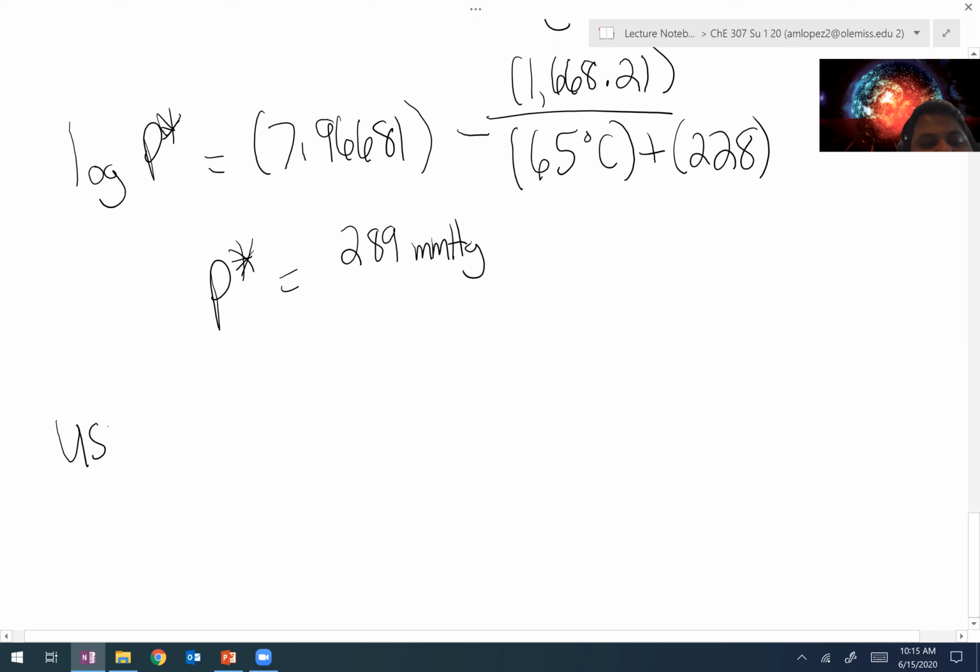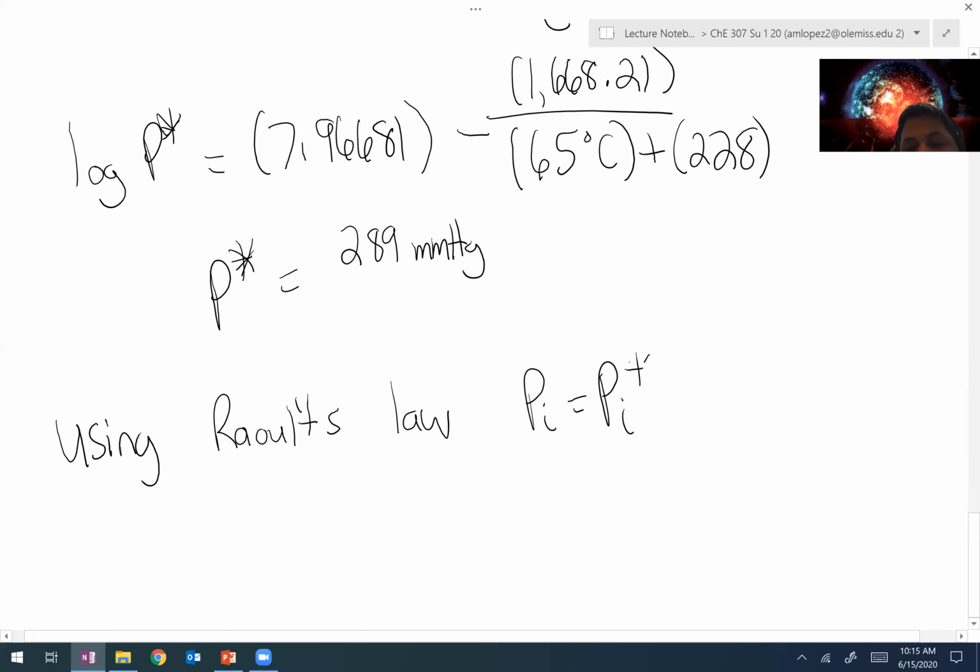And so using Raoult's law, we can say the partial pressure is equal to that vapor pressure. And here I'll put H2O to make it a little clearer. Which is equal to the mole fraction of water times the total pressure.